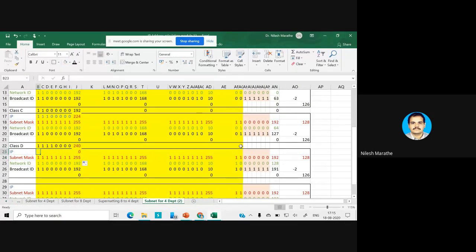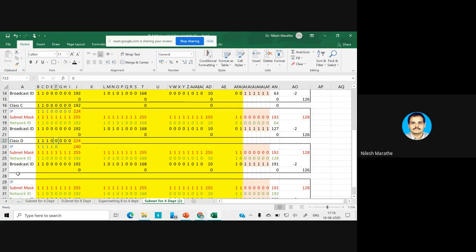Class D starts with 224 and ends at 240.